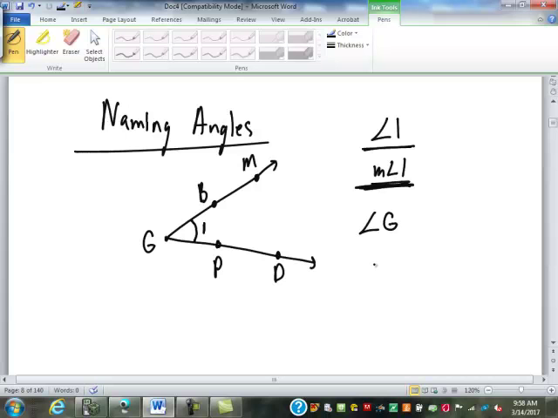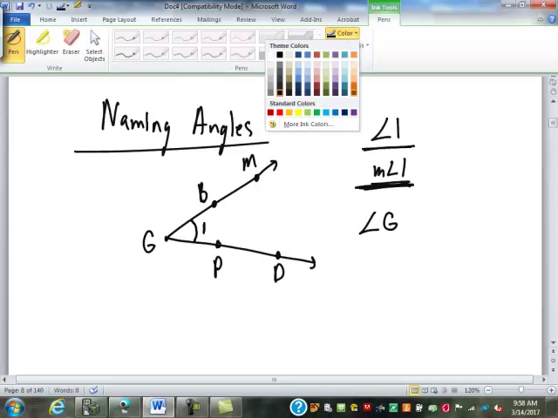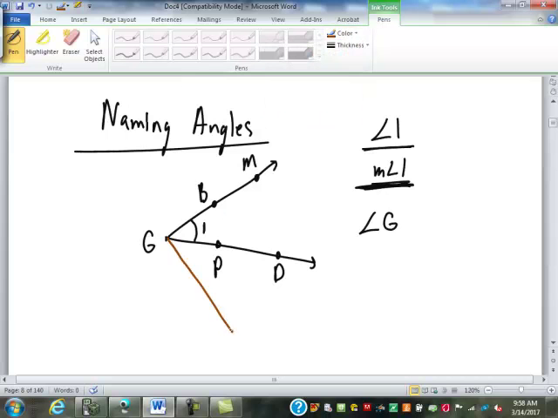In this case, it's pretty obvious which one's angle G. But if I were to add another line there with some more points on it, now which one is angle G is not quite so obvious.